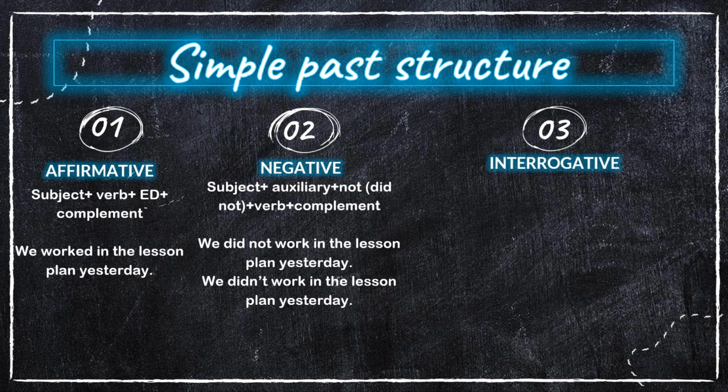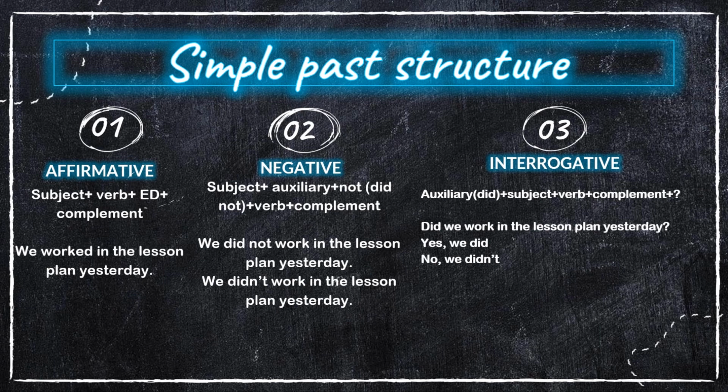Third, interrogative. Auxiliary did plus subject plus verb plus complement plus question mark. An example, did we work on the lesson plan yesterday? Yes, we did. Or no, we didn't.